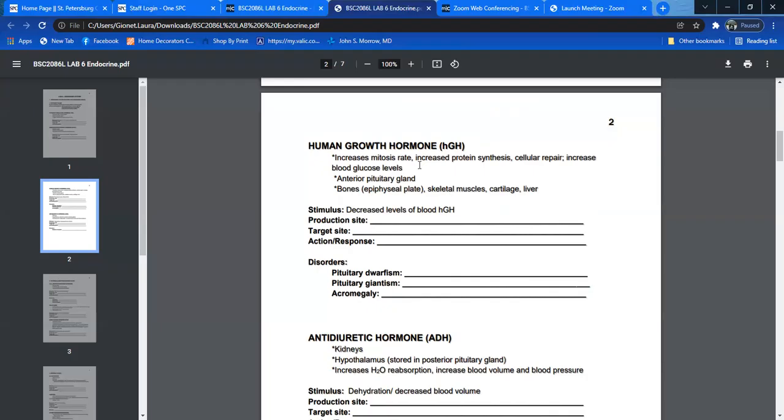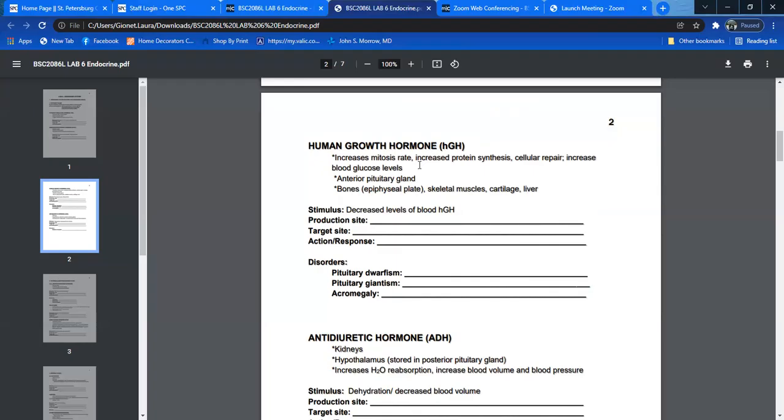However, for human growth hormone to be effective and to stimulate all this protein synthesis and mitosis and cellular repair, it takes energy, right? So you're going to release some extra glucose into the blood because you're going to need it. Skeletal muscle is going to need it to repair the liver, the cartilage cells, bones, and so forth.